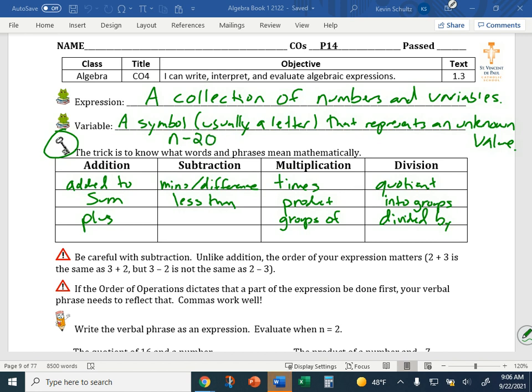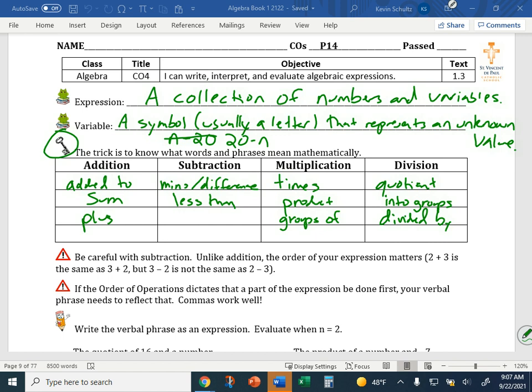No. Because if you have some number less than 20, that actually means you're starting with 20 and taking something away from it. A number less than 20 is actually going to be 20 minus n. Because you're starting with 20 and taking some number less than that. So when you see the phrase less than, it's going to be kind of backwards from how it's written. And you're probably looking further down the page and seeing an example of that.